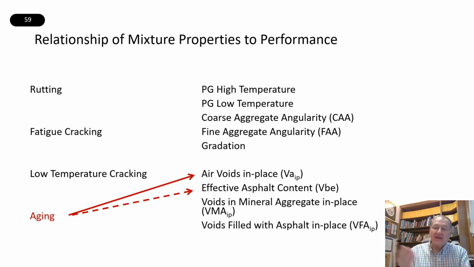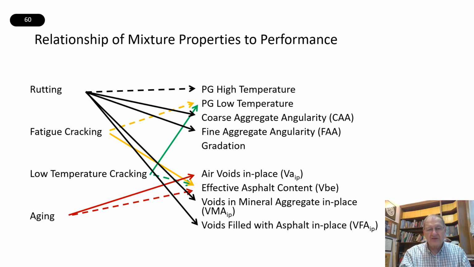So if I increase the asphalt content and increase the film thickness from 8 microns to 12 microns, that's a 50% increase in film thickness. It's still permeable to the oxygen, and it's still going to be susceptible to aging from the oxygen.